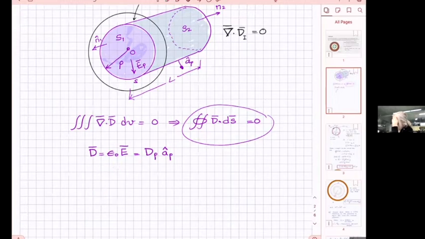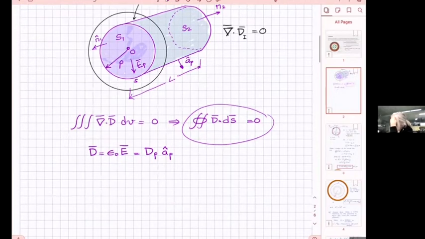It's going to be the surface area, practically 2 pi rho times L, which is the length, and that's going to be times D sub rho. Because of the cylindrical symmetry, D sub rho is going to be the same everywhere, and that will be 0. So from here, we find that D sub rho equals 0.